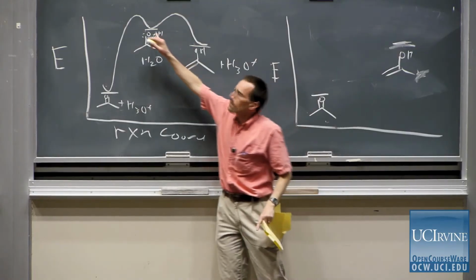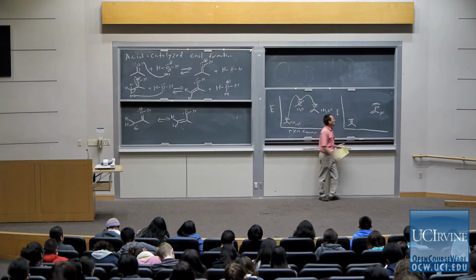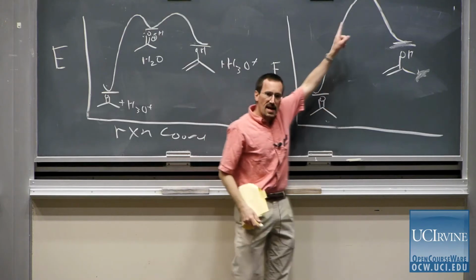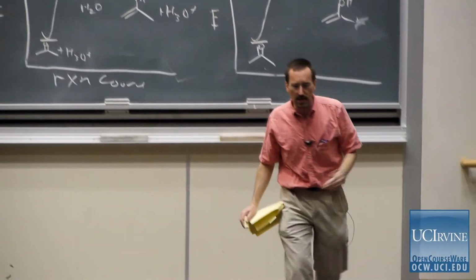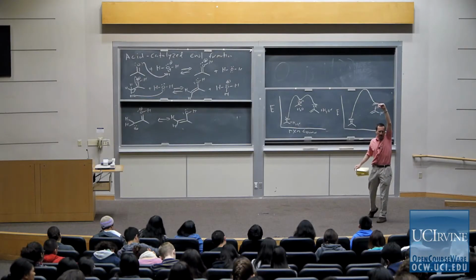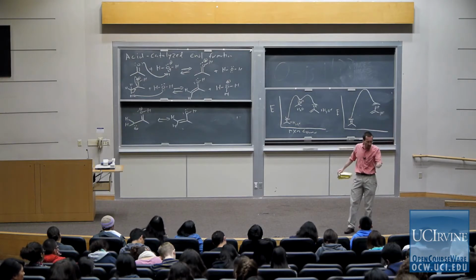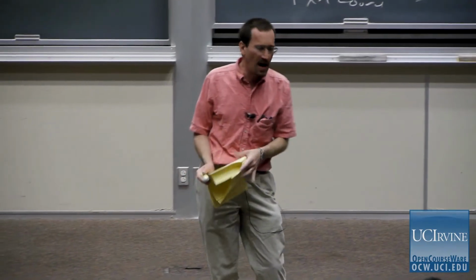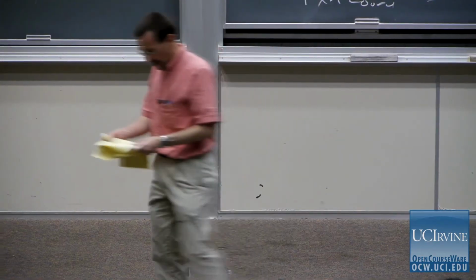What we're doing is providing a low energy pathway that's not accessible without acid. In other words, there is hypothetically a one-step mechanism that converts acetone to acetone enol, but the energy barrier is much higher. So when any acid is present, and that includes that 10 to the negative 7th molar H3O plus hydronium ion in pure water, acid can catalyze this reaction.